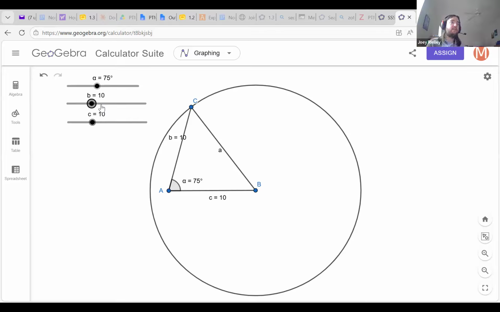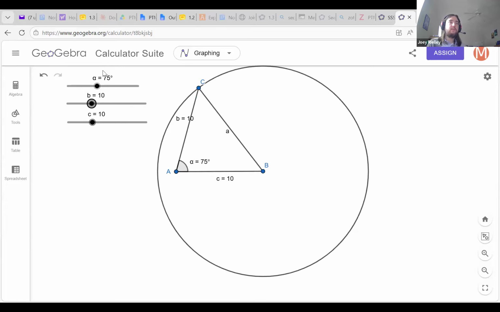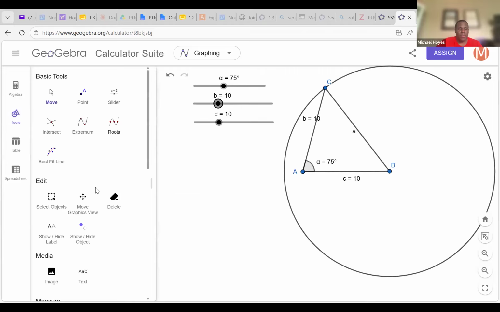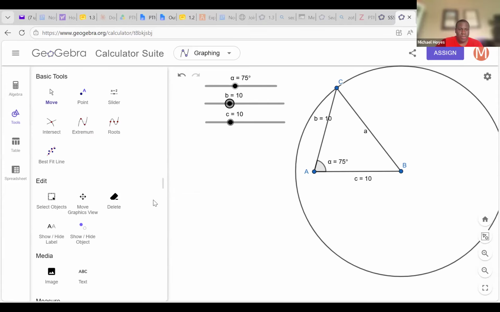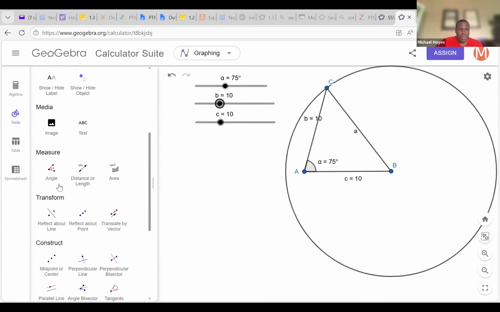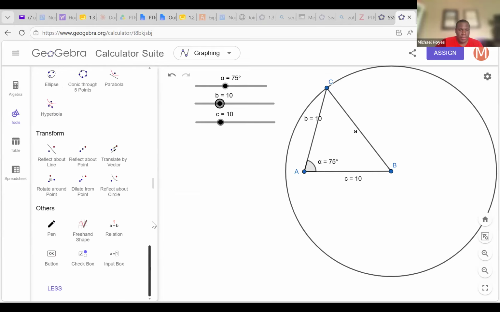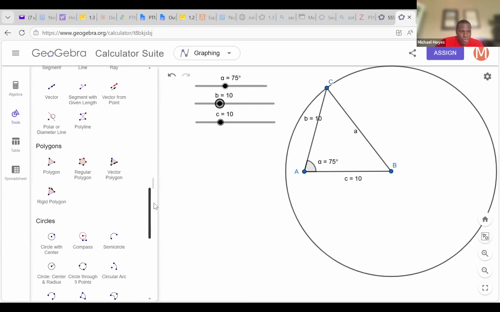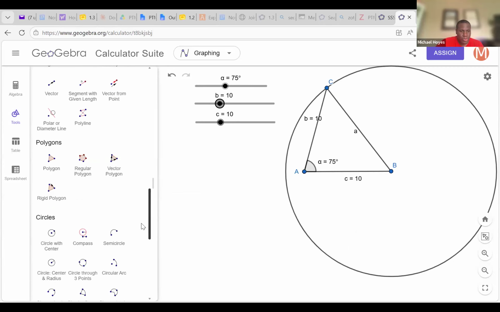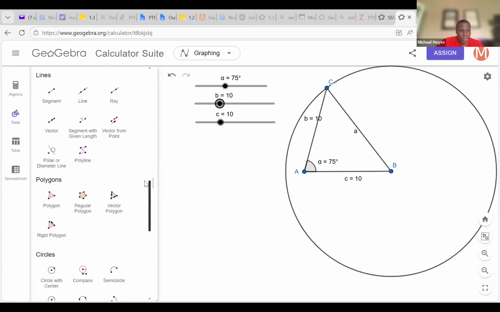I mean, we could do this in the calculator, right? How do I add an extra line, a point? Okay, let's make this. Let's see here. I want to construct an angle.